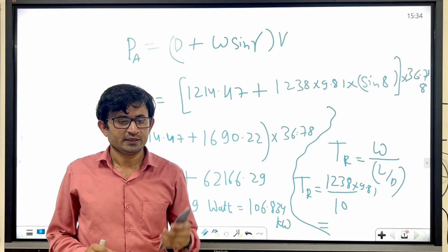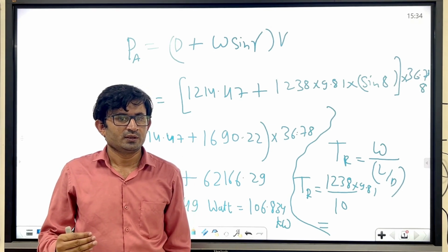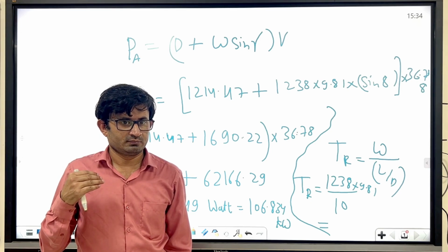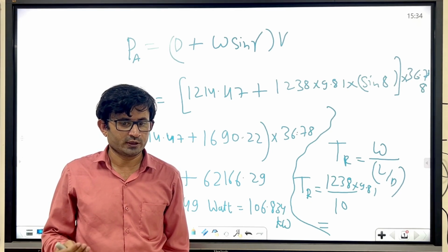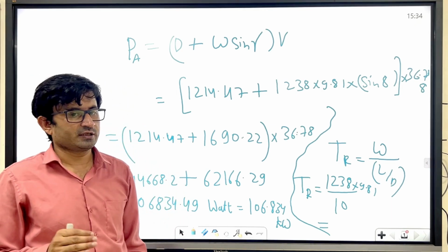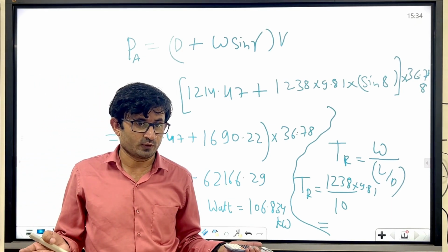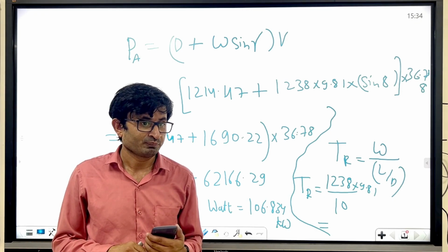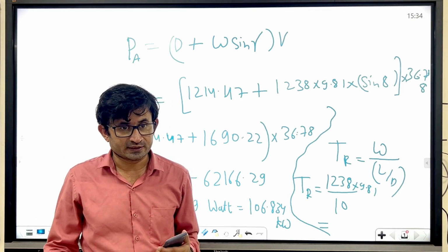This is a power required, but there are many things involved. For example, if the engine is giving you 120 kilowatt or 100 kilowatt, you will not get that power because there will be propulsive efficiency associated with the engine, the shaft connection, and so many things.